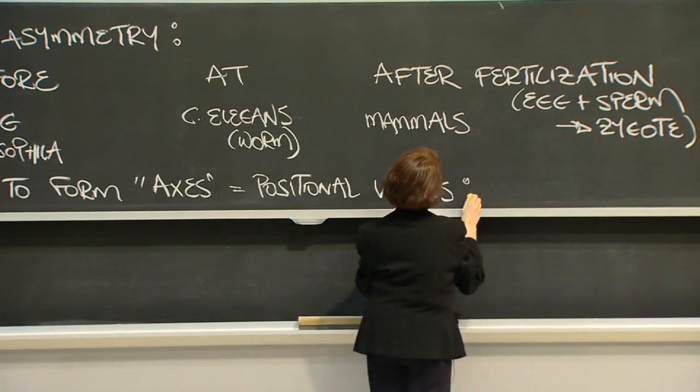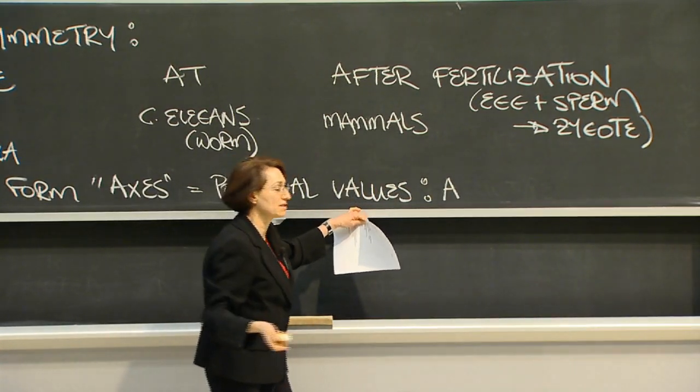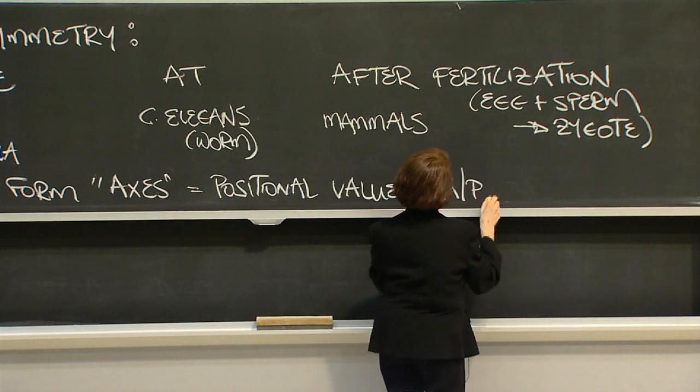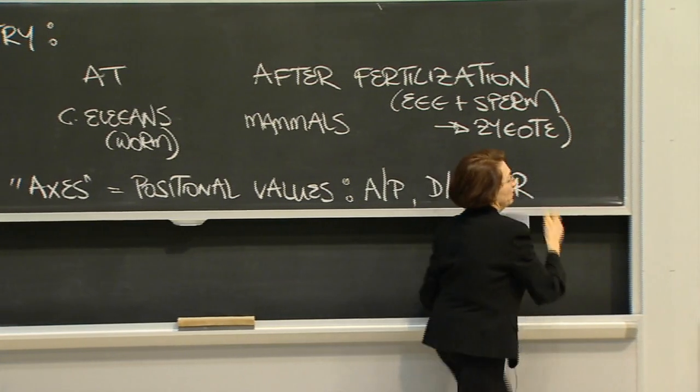And there are 3 of them. I'm just going to put the initials on the board, and then I'll show you a slide, and you can get these later. They're called AP, DV, and LR.